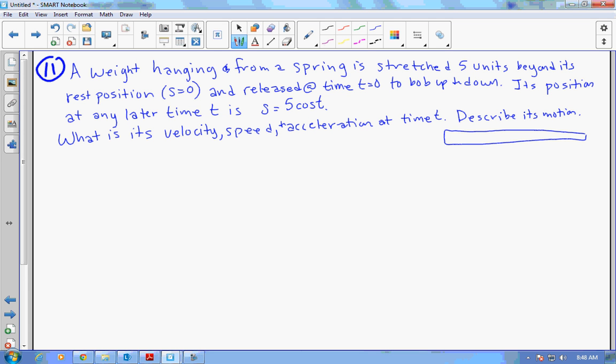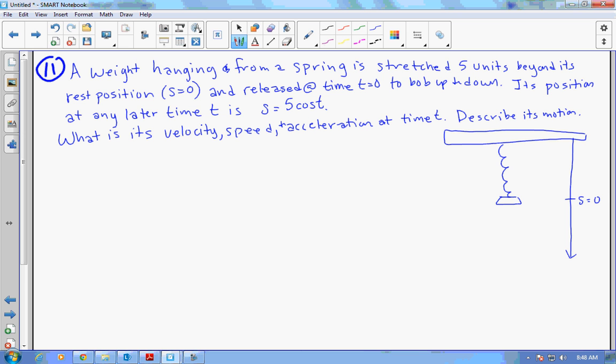So we have this is my axis. Here's resting position, S equals 0. My spring has a weight. At rest it would be hanging at S equals 0.